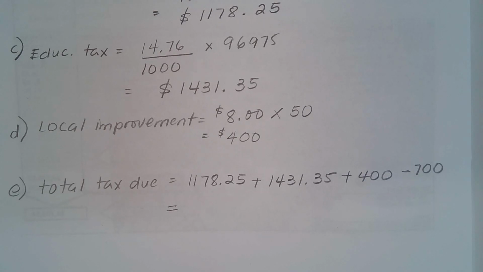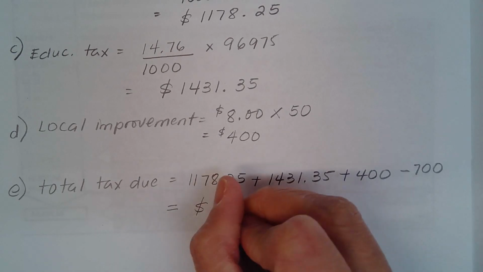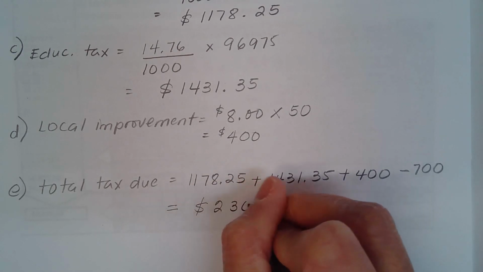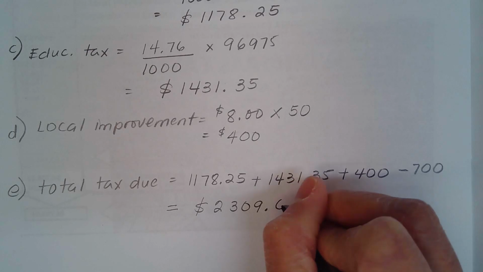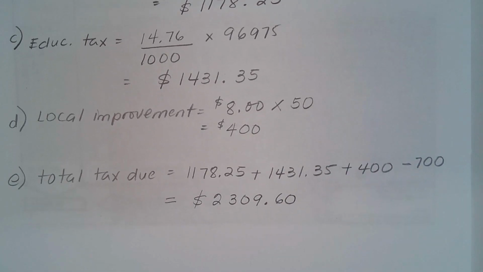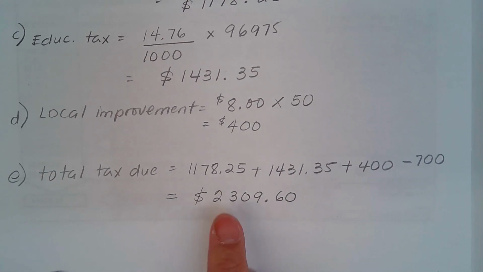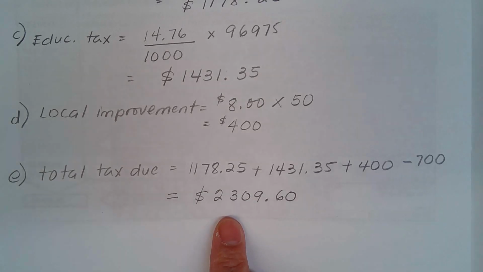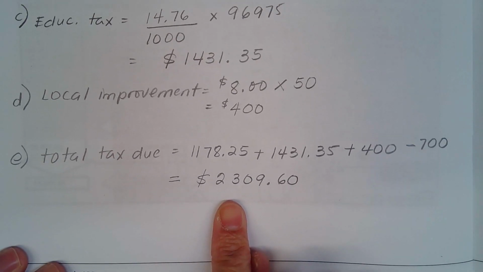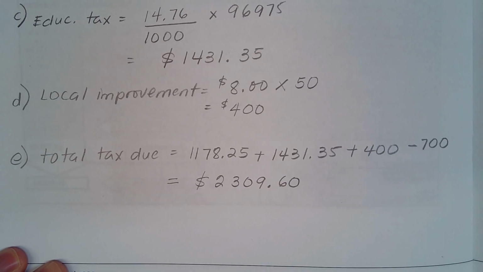So at the end, how much is this all together? $2,309.60. That's the tax for the year.